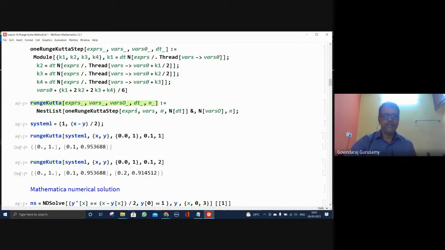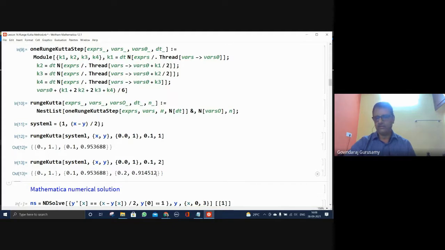So now, in this case, we are not writing out K1, K2, K3, but we are directly looking for the solution in an iterative manner. The first iteration number is right. The second iteration number is also right. Both results I have 0.953688 and 0.914512.